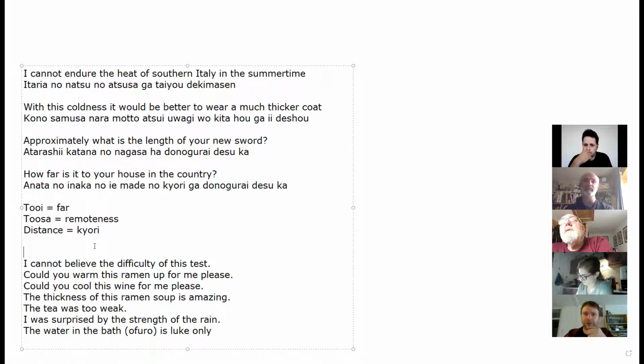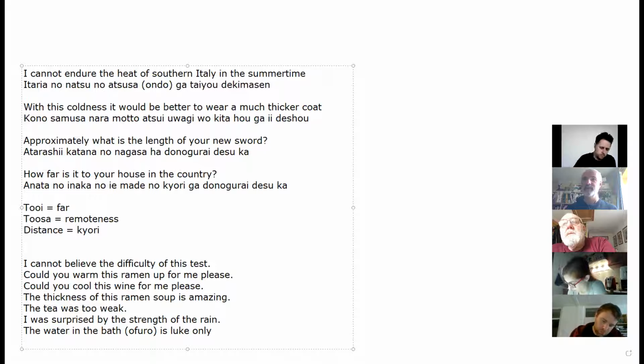If you said Italia no natsu no ondo ga taiyo dekimasen, if I replaced atsusa with ondo, all this means is I cannot endure the temperature of Italian summers. Now, this might mean that I prefer really hot weather, but Italian summers are extremely cold. It's not clear from this which I'm actually referring to. It's just saying I can't endure the temperature.